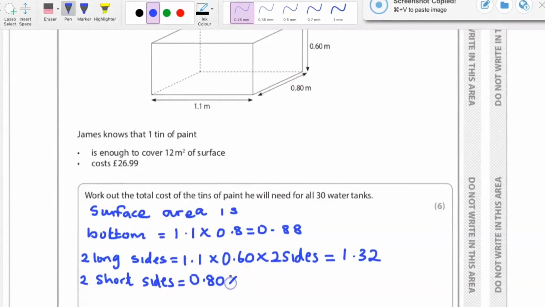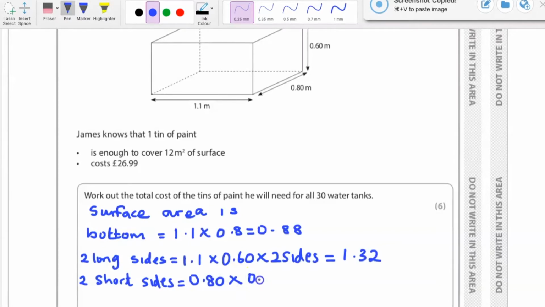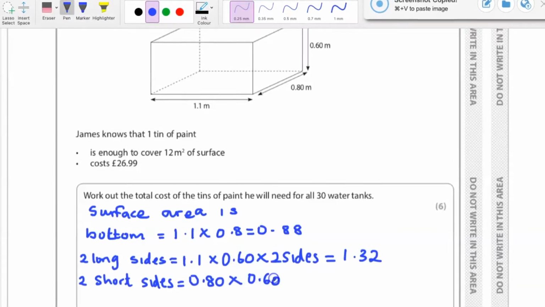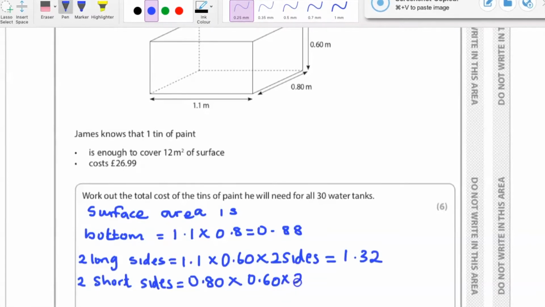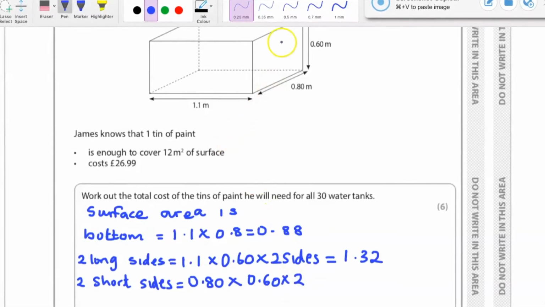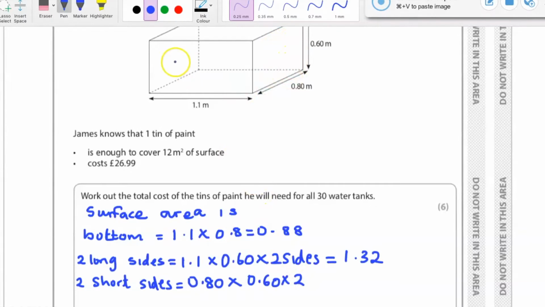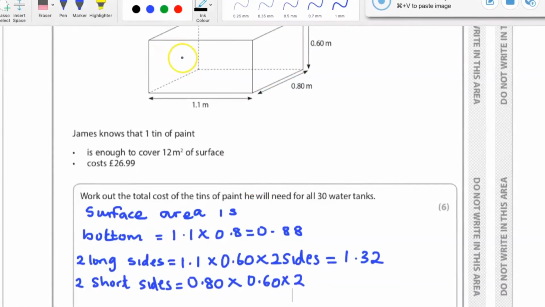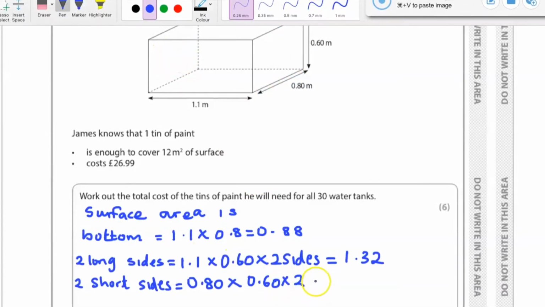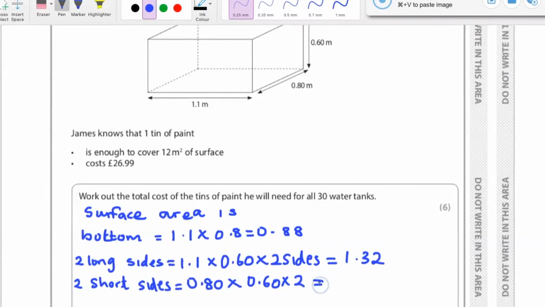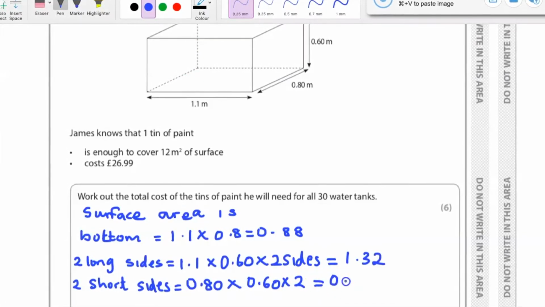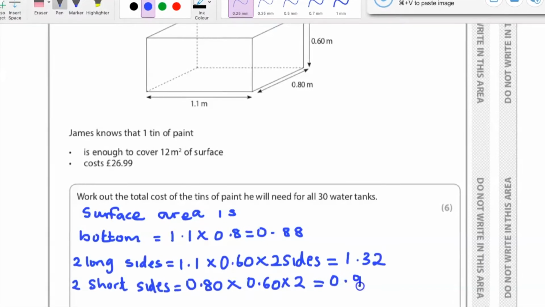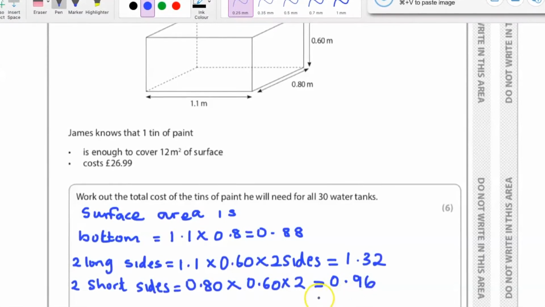Yes, we times it by 2 as well, because we have this surface and this surface, two of them. If you type this into your calculator, you get 0.96.